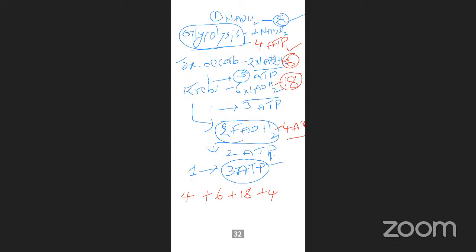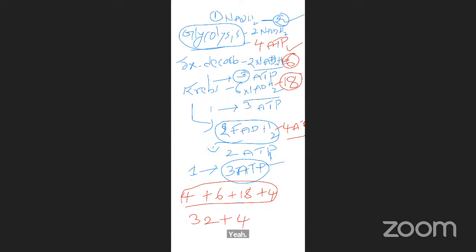How many in total? 32. But if glucose undergoes oxidation, how many ATPs are formed? In the book, how many ATP is given? 36 ATP.